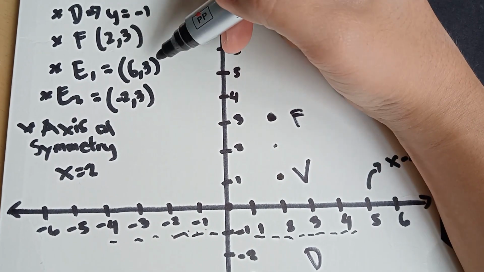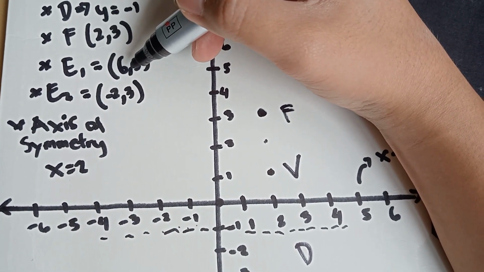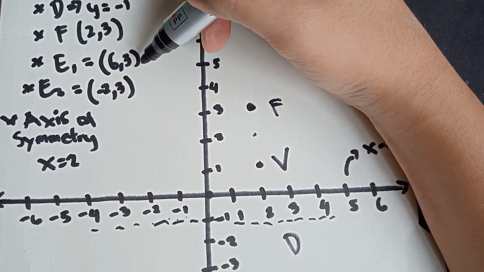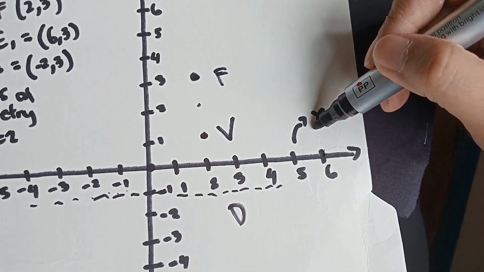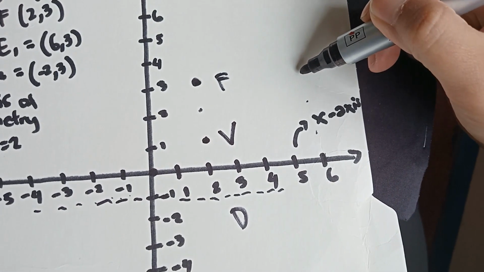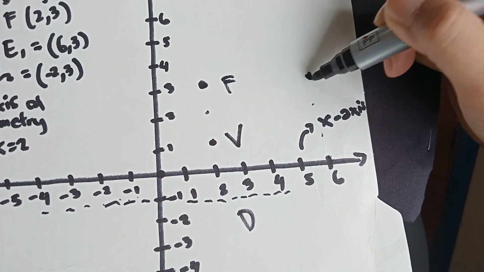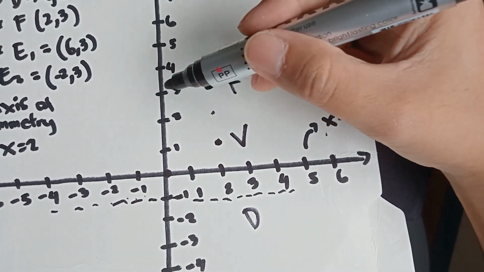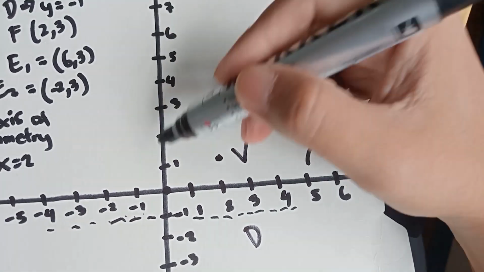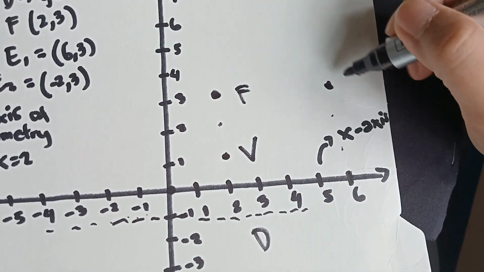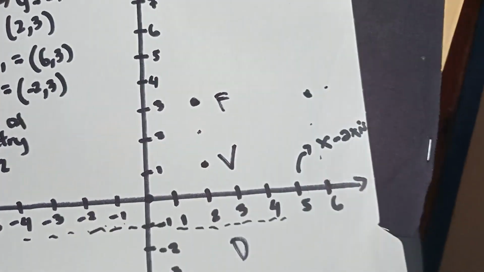We have endpoint number 1, 6, 3. Locate 6 at the x-axis, then jump by 3. We have 6, then jump by 3: 1, 2, 3. Based on jumping, you need to locate or base it on the y-axis or number line. Then this is our endpoint number 1.